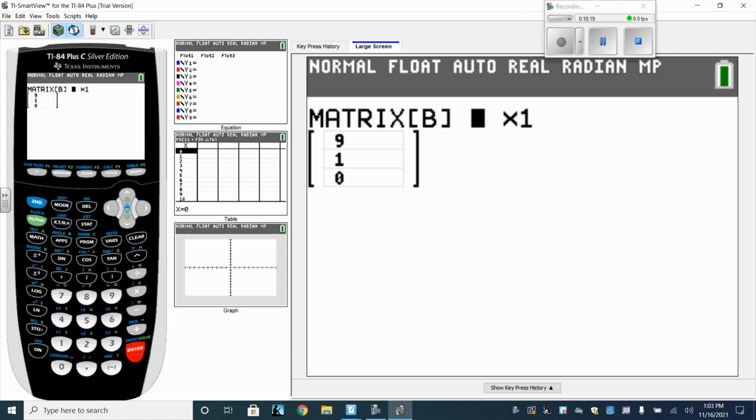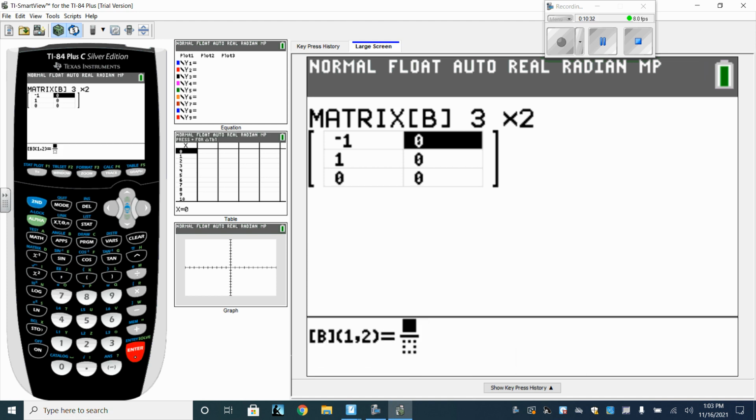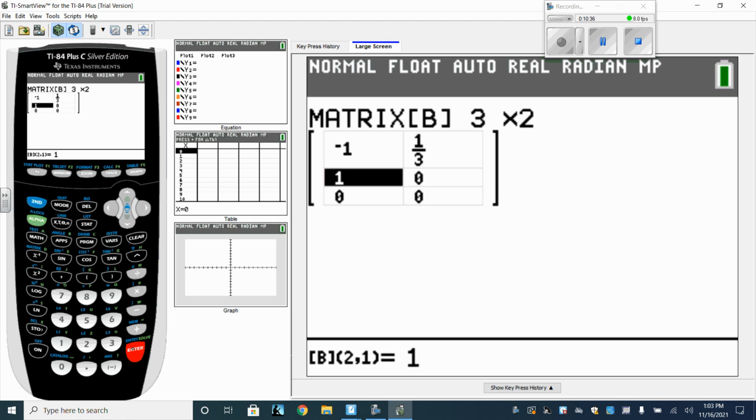This one is also a 3 by 2, and we'll have -1. Now we'll have a fraction here, so we go alpha y equals, enter 1 over 3.